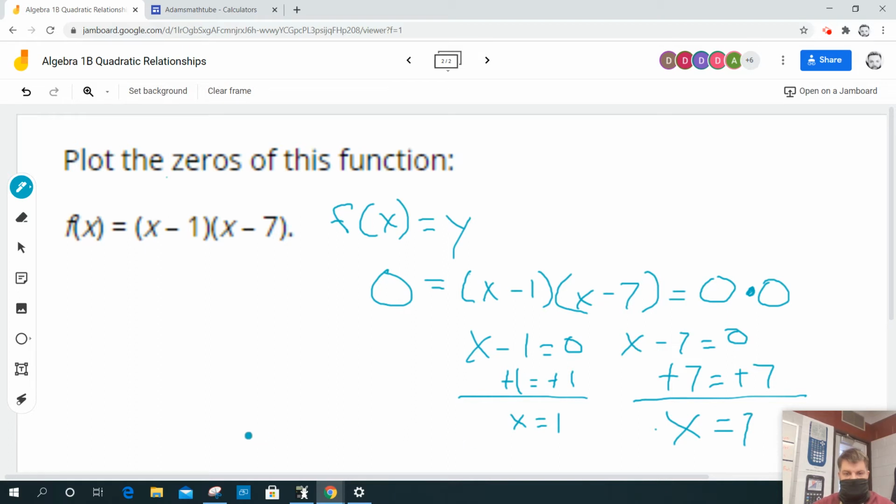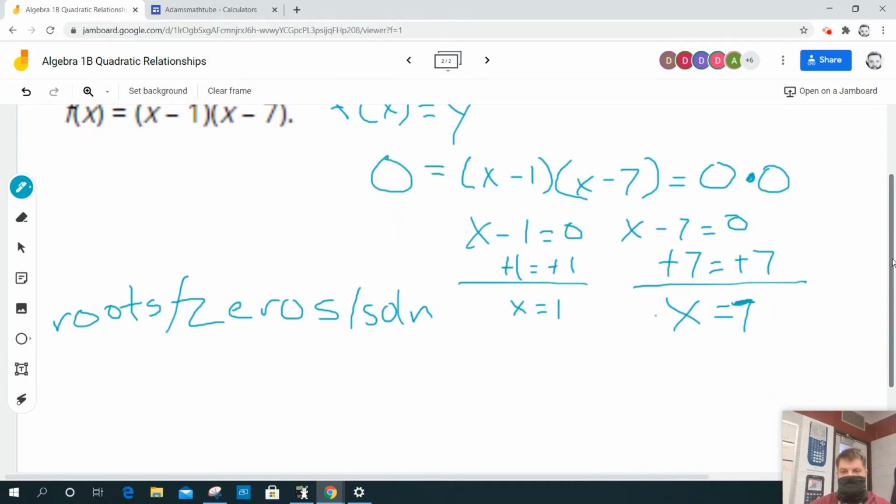Now, these are what we call the zeros. They're also called the solutions, and also called the roots. For quadratics, there are 3 ways that you can come to these conclusions, right? You can solve it, which is what I did, which helps us know what the zeros are, and the other way is that you could use the quadratic equation.